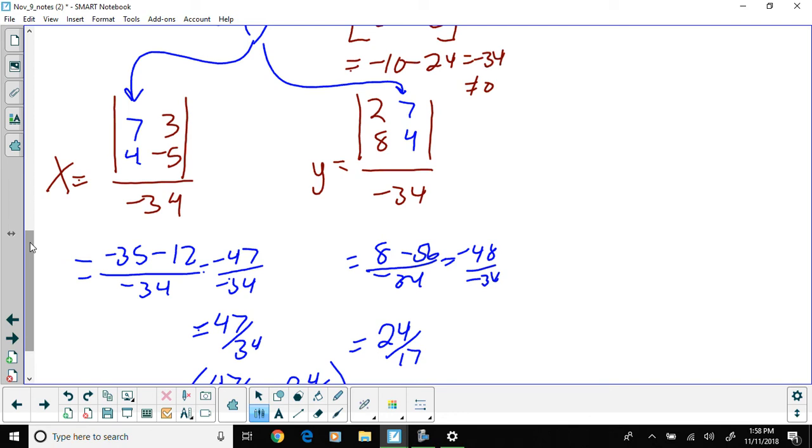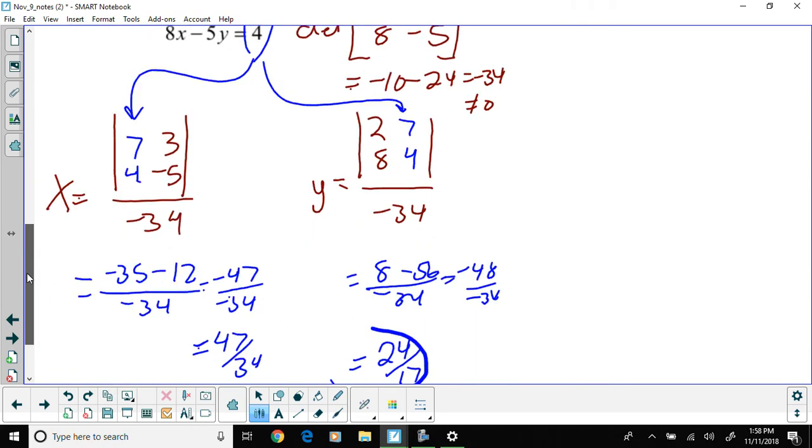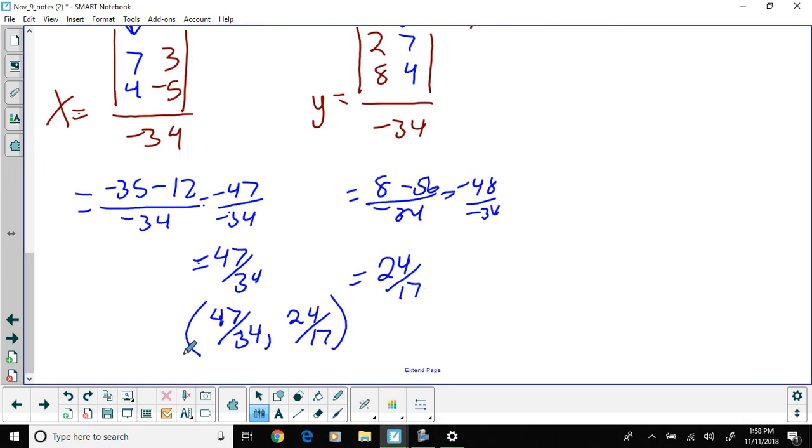This is basic algebra, which means I should be able to put this number in for the x and this number in for the y in both equations. I did that on my calculator, and they both equaled what they were supposed to equal. So I know 47 over 34 and 24 over 17 is the correct answer.